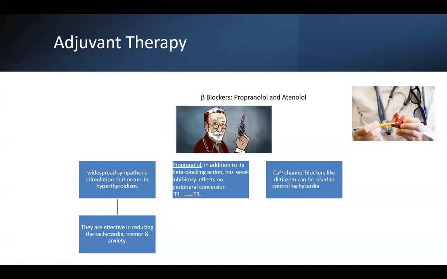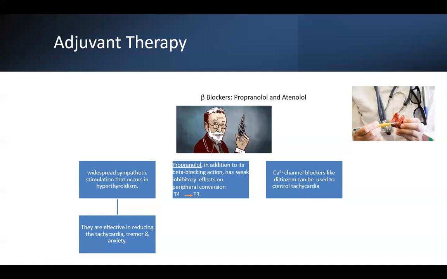Why? Okay, so propranolol, first of all, it has an added value other than that it controls tachycardia and the cardiovascular effects of hyperthyroidism, but also it inhibits the conversion of T4 to T3.